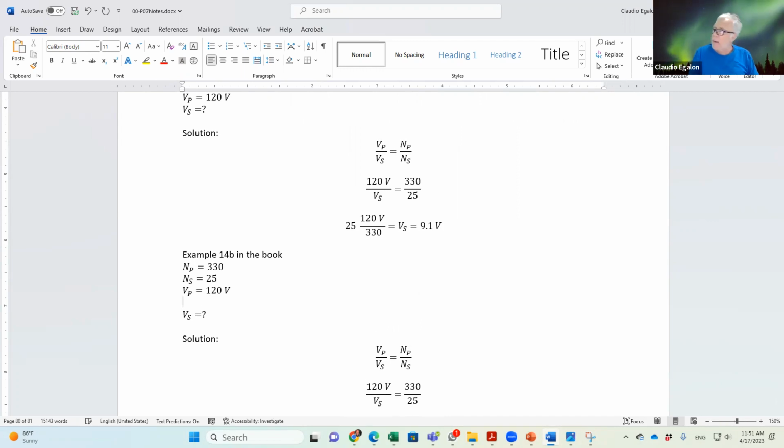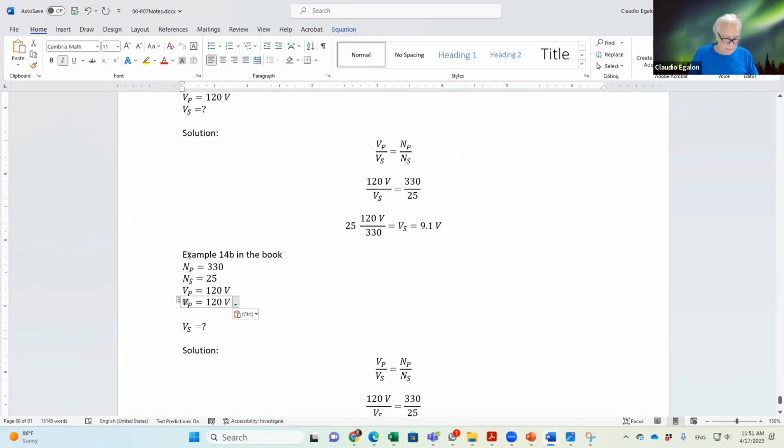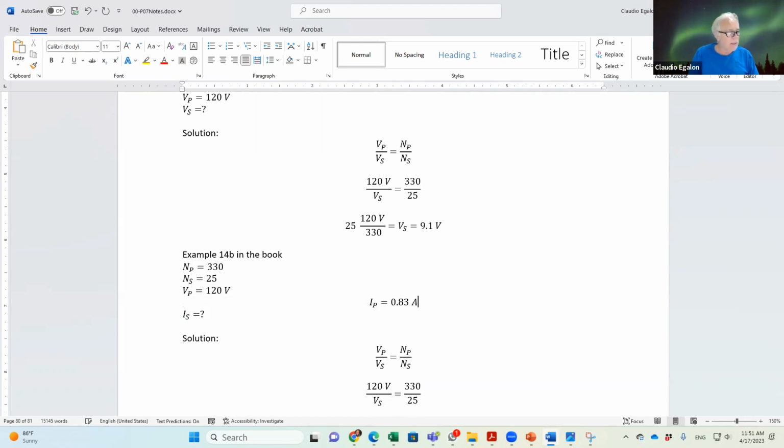Current in the primary is 0.83 amps. Find not the voltage in the secondary, but find the current in the secondary.